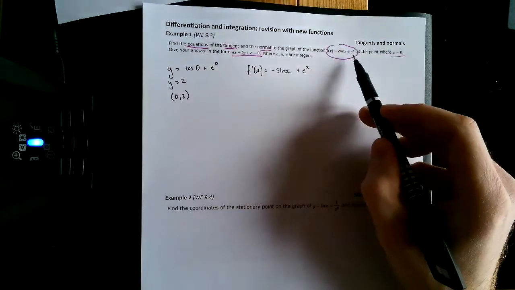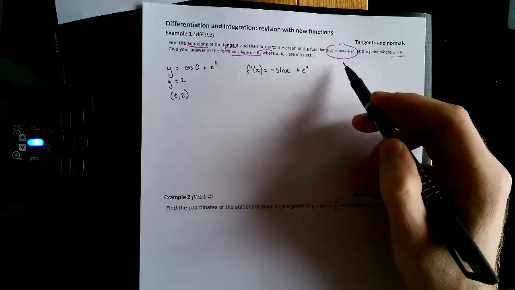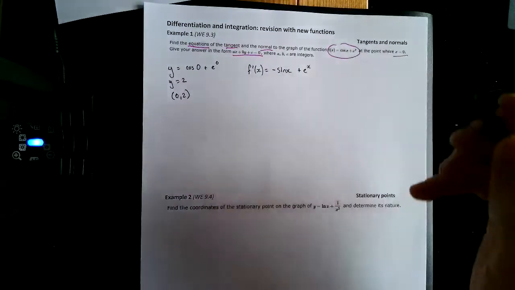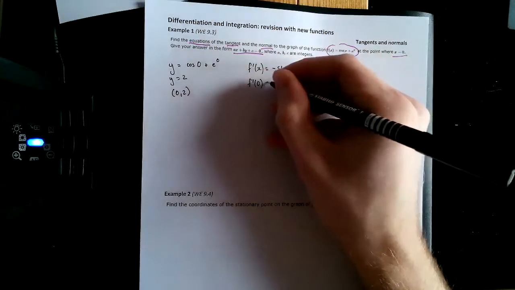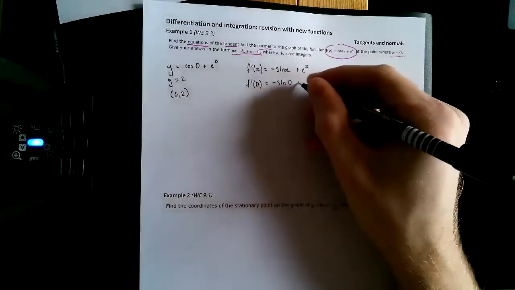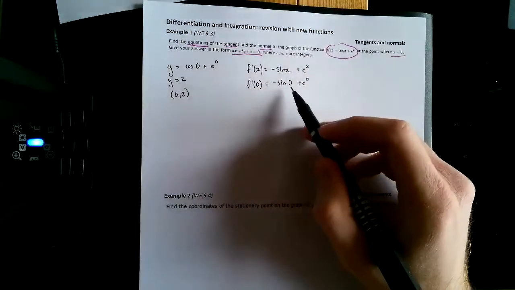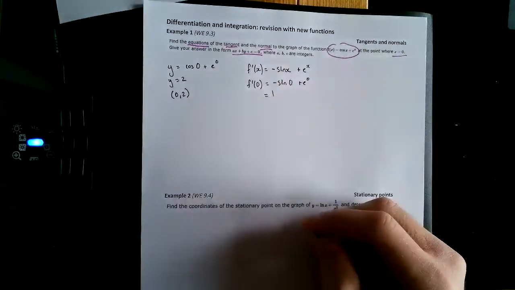Since it's a plus in the middle, I can differentiate them separately, just like I could with something like x squared plus 5x. Then to get the gradient, I sub in 0. So I get minus sine 0 plus e to 0. Well, sine 0 is 0, e to 0 is 1, so that gives me 1.